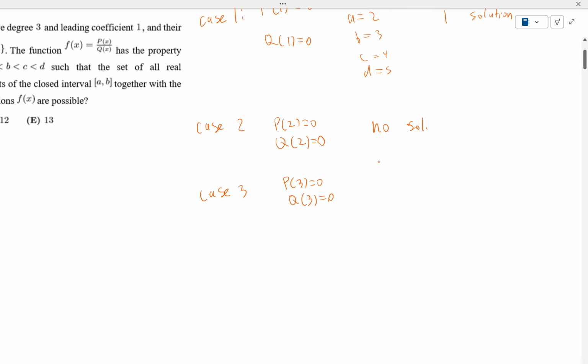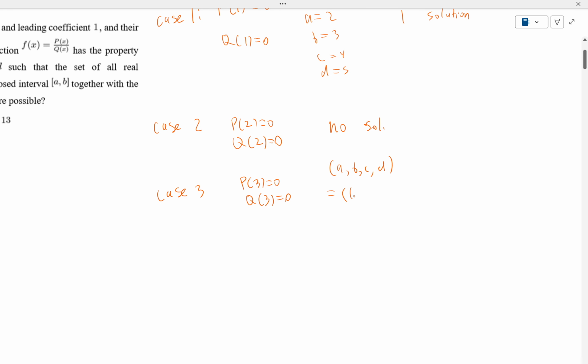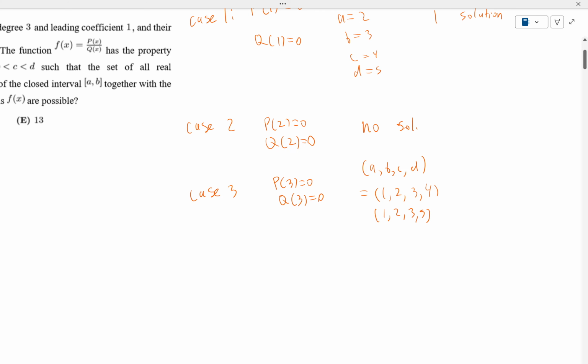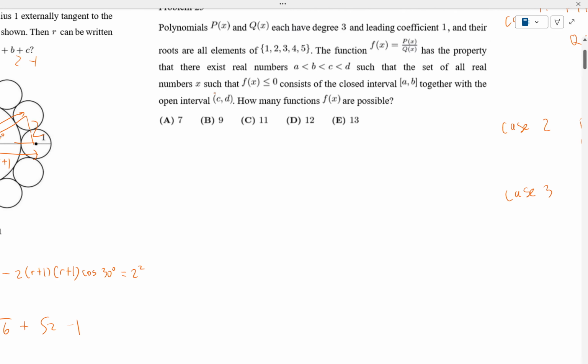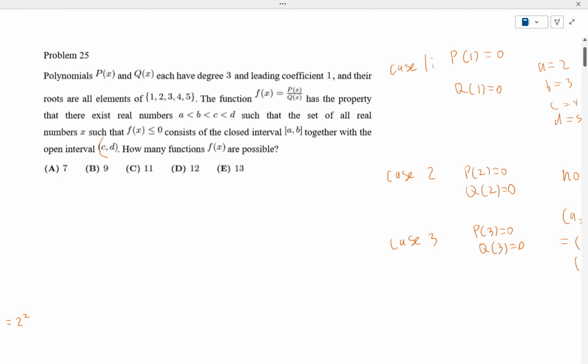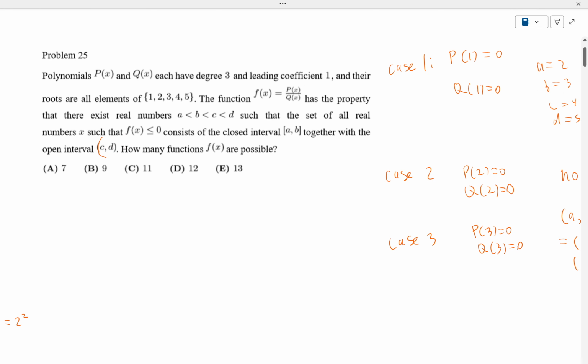So you can see that the solutions a, b, c, and d can be 1, 2, 3, 4, or 1, 2, 3, 5. Notice c or d can be 3. It can be at the hole, because if it's an open interval, you have all the right to exclude c and d from the domain, right?